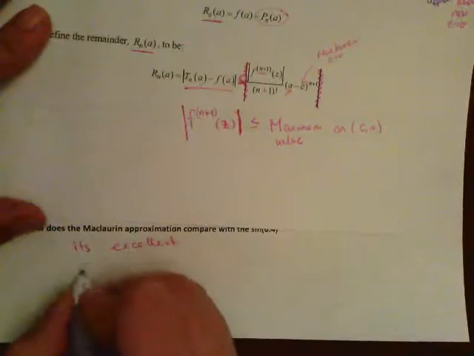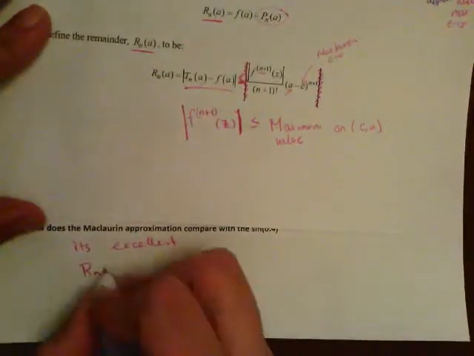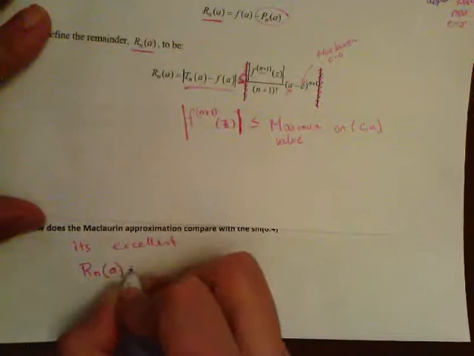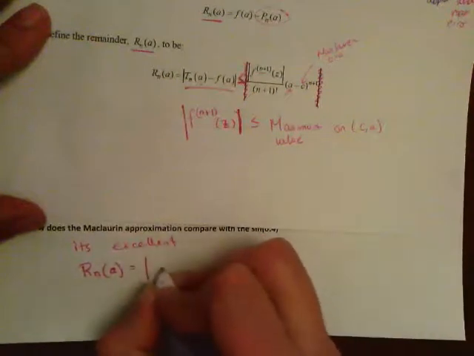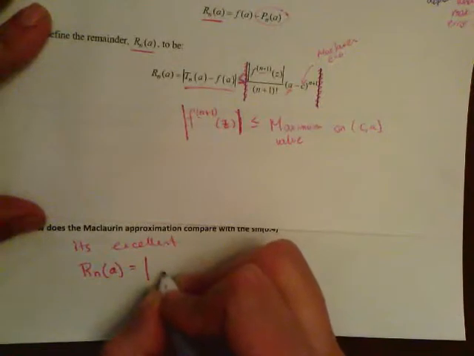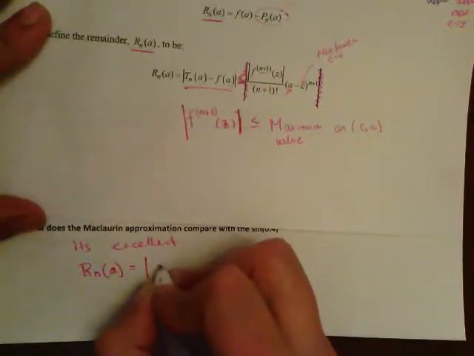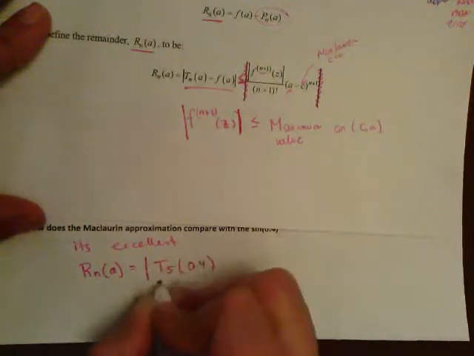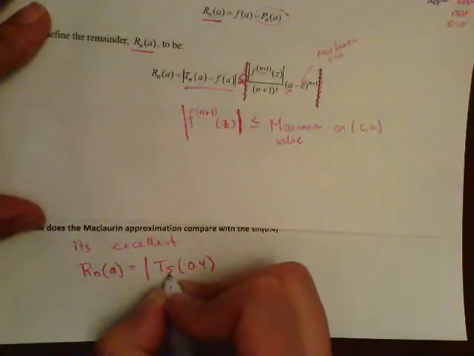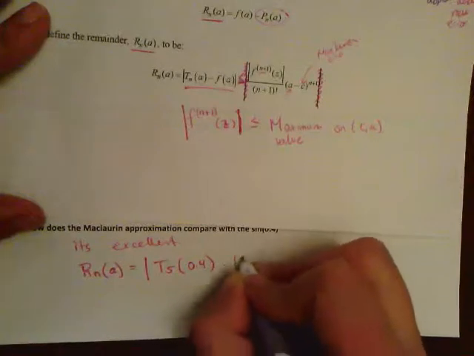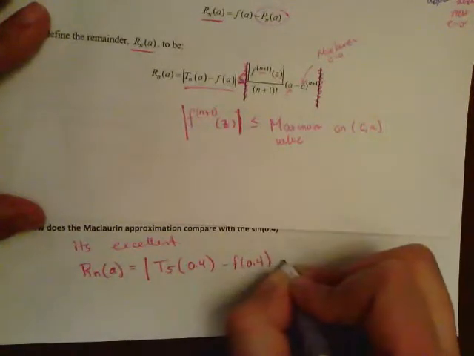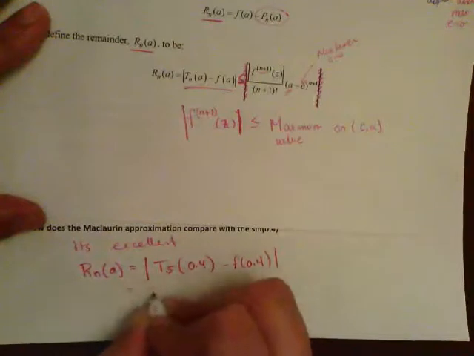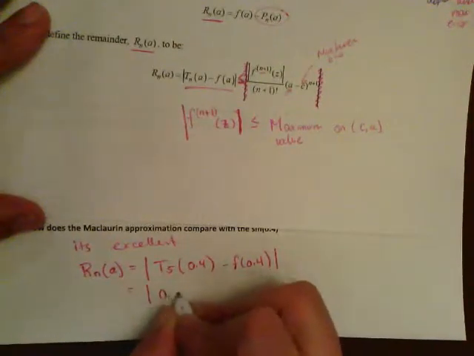Our remainder, or our error, was what is our T5 of 0.4, so our Taylor polynomial, or we can call it the Maclaurin polynomial, minus f of 0.4, absolute value.